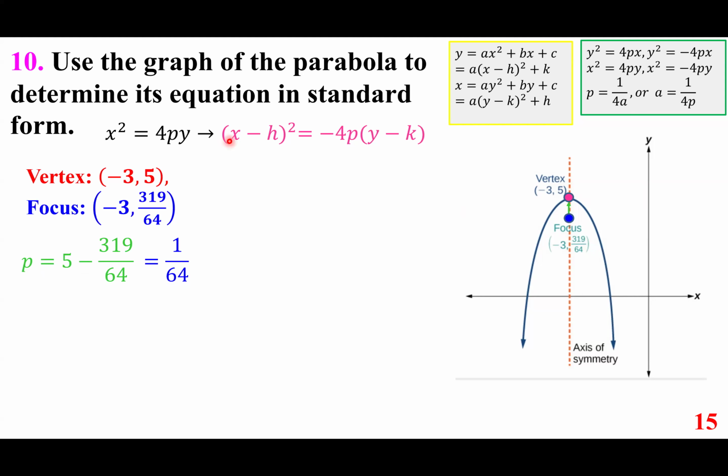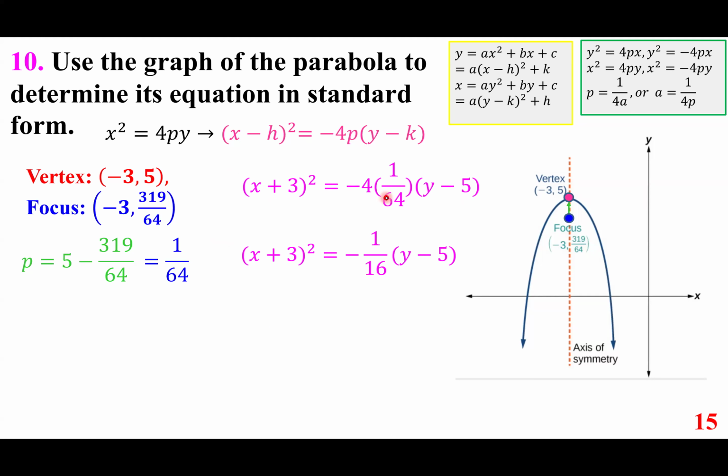So now x minus h, that means x minus minus 3, x plus 3 quantity squared equals minus 4p, minus 4 times 1 over 64, y minus k, y minus 5. And of course, this is negative 1 over 16, everybody. So that's the formula.